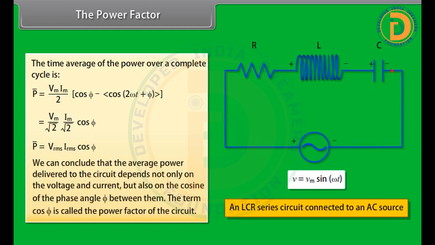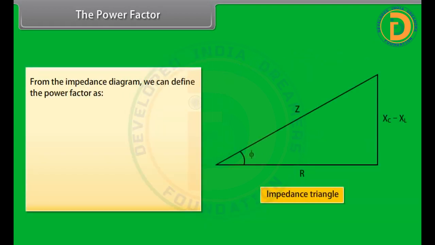We can conclude that the average power delivered to the circuit depends not only on the voltage and current, but also on the cosine of the phase angle phi between them. The term cos phi is called the power factor of the circuit. From the impedance diagram, we can define the power factor as cos phi equal to R upon Z, which is equal to R upon under root R square plus XC minus XL square.